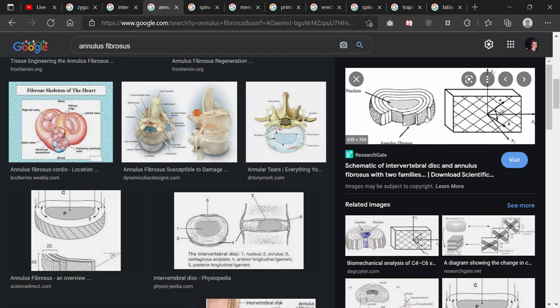The nucleus isn't going anywhere. It's not going to the open part, so it's getting compressed whenever you twist. It's compressing down, and you're further deteriorating that nucleus because it's just getting compressed.